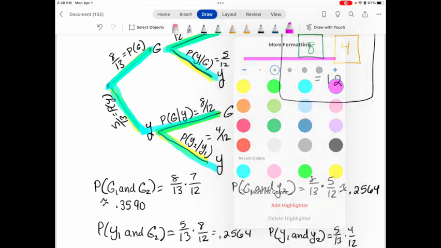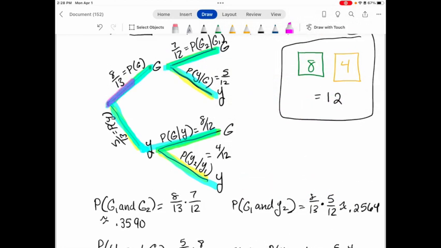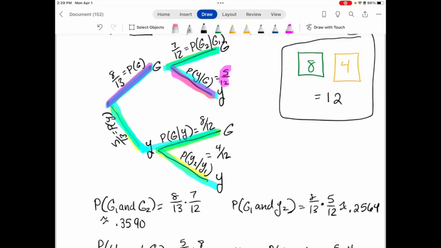Let's do pink. So I'm looking at this track now. I pick a green first. That's my assumption. And then I want to find out the probability that I get a yellow after I've already gotten a green. That's this branch right here. That would be 5 over 12. That's this value right here.